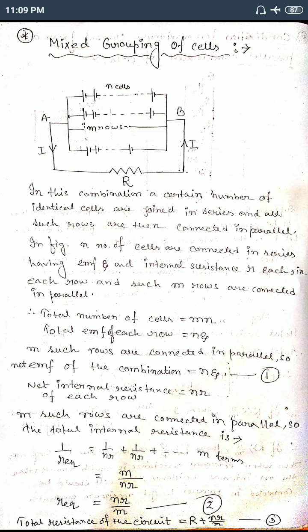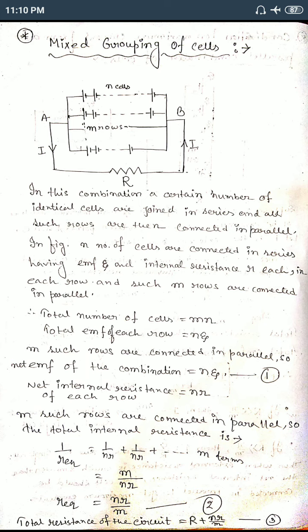Is it clear? So once again I just repeat this mixed grouping of cells. First, n number of cells are connected in series and there are many rows. We consider m rows, and they are connected in parallel. So n cells are in series and m rows are connected in parallel. In each row the cells have the same EMF E and internal resistance r.